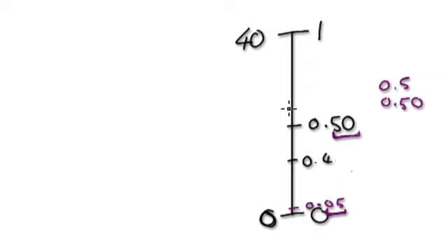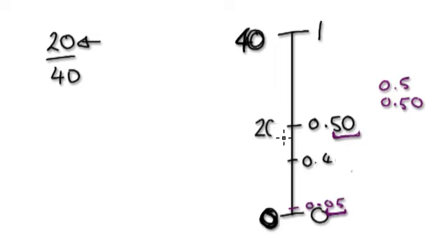So in this exam, let's say you've got 20 out of 40. Well, 0 is down here, 40 questions will be up here, and halfway in between will be 20.